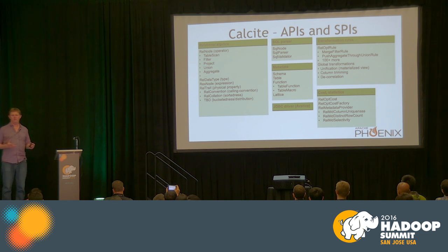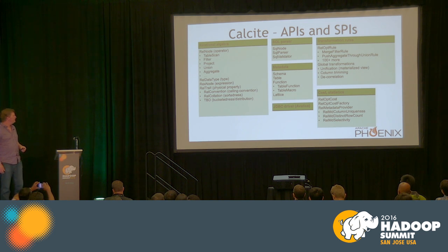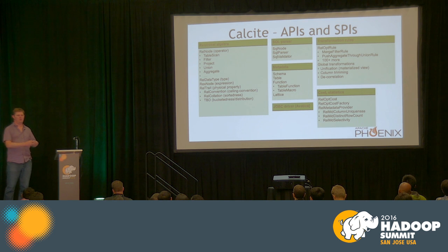That's useful if you want to implement your own language. You don't want to use SQL, you want to do your own language. So the familiar things like table scan, filter, project are all in there. Metadata is an SPI that you implement to tell Calcite, here are my tables, here are the columns, here are their types, and so forth. I mentioned Avatica, which powers the JDBC driver.